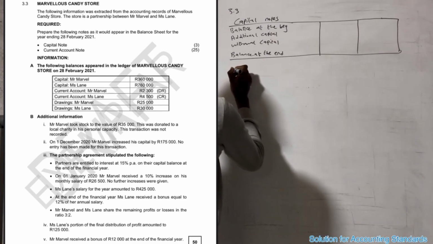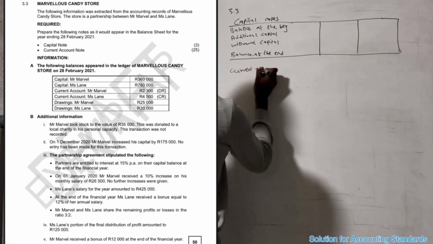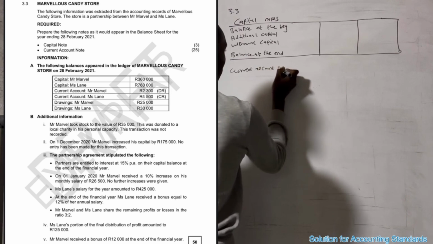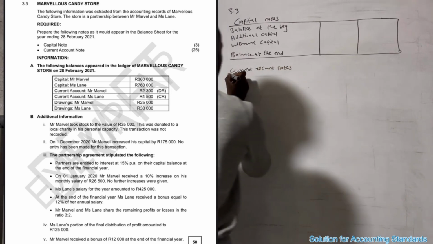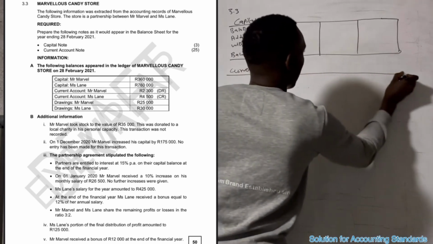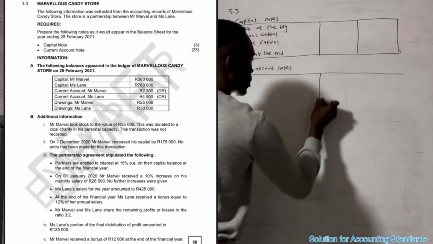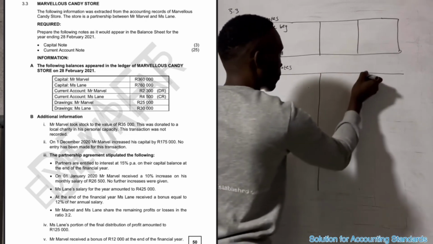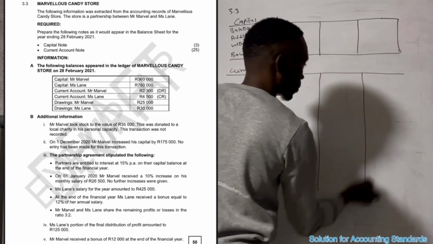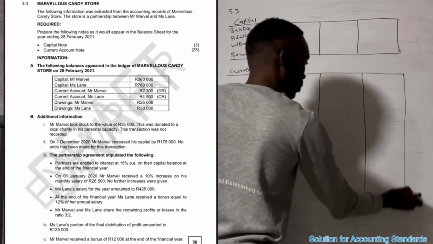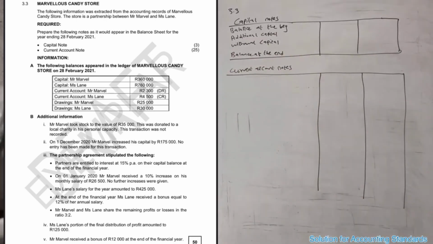Then current account notes will look like this. Two partners. Okay, let me see if this is visible. Okay, it is visible. Okay.